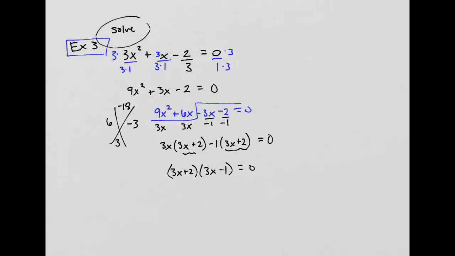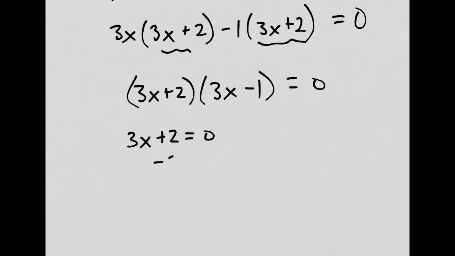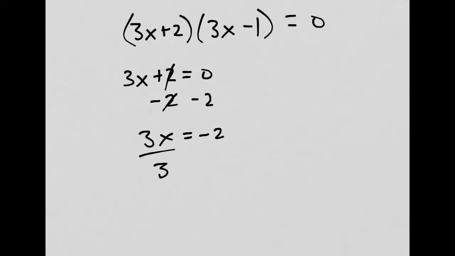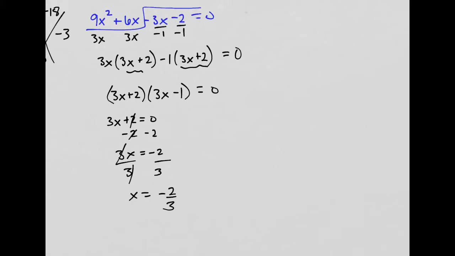But remember, it says to solve, so I have to get one more step. And that's just setting each piece equal to 0 and solving. So I could subtract 2, 3x equals negative 2, and divide by 3. So I get x equals negative 2 over 3.